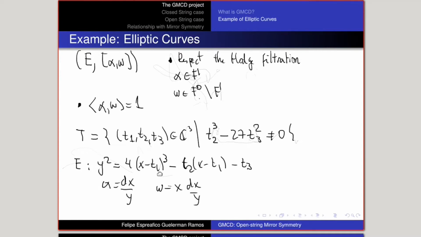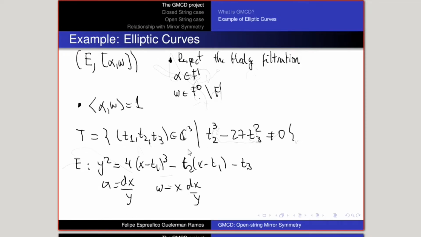And that's why you have 3 dimensions. I mean, 1 dimension is for the elliptic curves varying, and the other 2 dimensions are for choosing a holomorphic form, and the other one for choosing a non-holomorphic form. So that's the expected dimension.